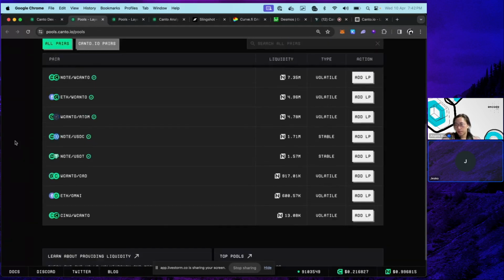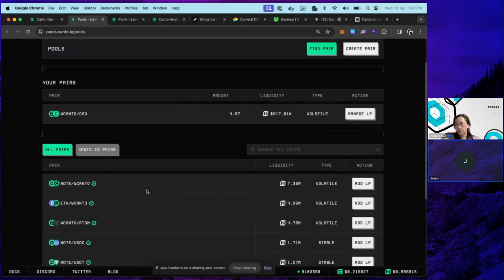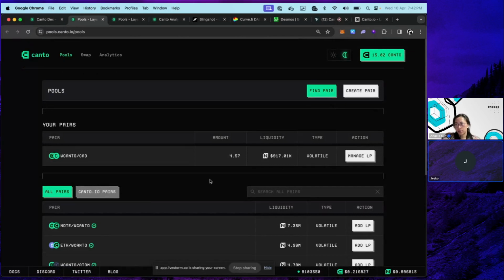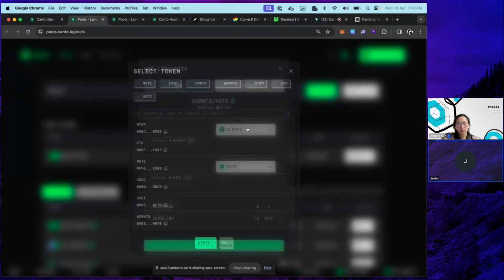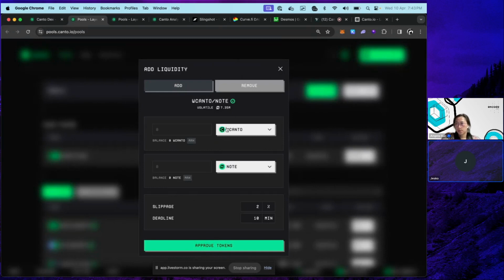Okay, so we're going to quickly try adding and removing liquidity from this interface. For example, let's try to find a pair. I want to add liquidity to Cadence. I have some Canto in my wallet, so first I'll search for Canto.